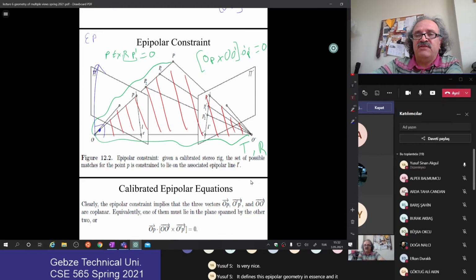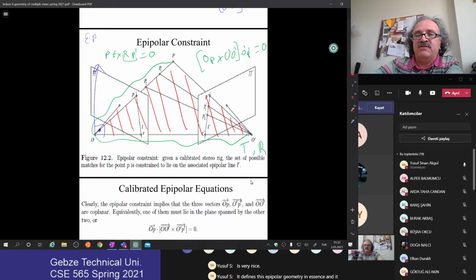So P hat is K to the minus 1 times P, and P prime hat is, let's say we have KL and KR, KR minus 1 times P prime. Okay, let's put them in here.